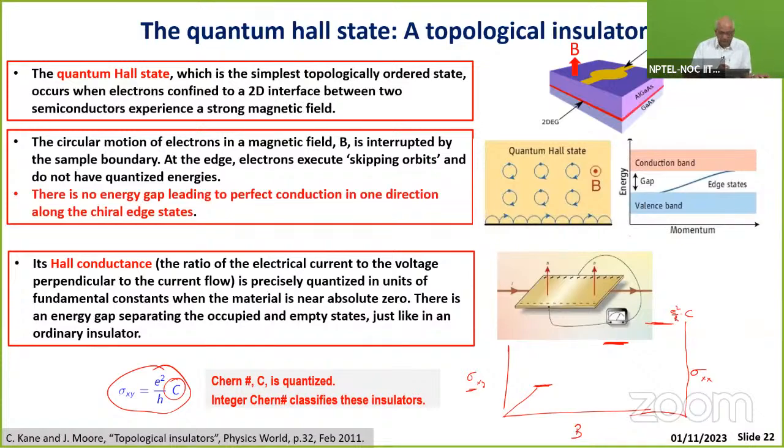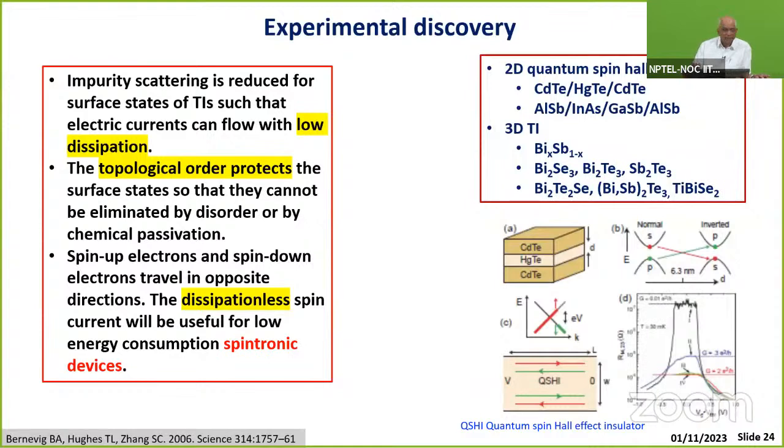So that is one. Then here, quantum spin Hall effect insulator on this exotic material, mercury telluride sandwiched between two cadmium telluride, you see a band inversion. So at this point, the band gap is close to 0. Again, the resistance as a function of a gate voltage where you can inject electrons or holes in the structure. You can see very high resistance, a low conductance.